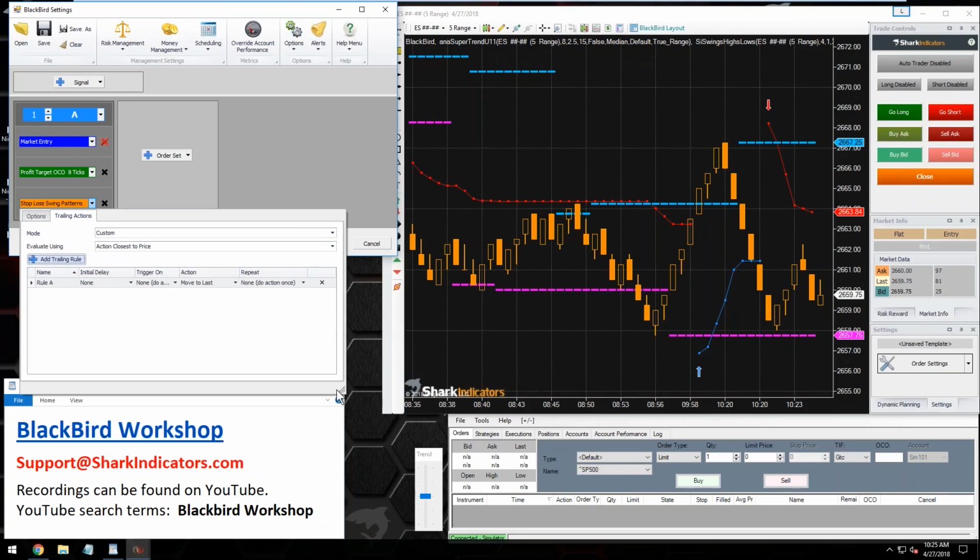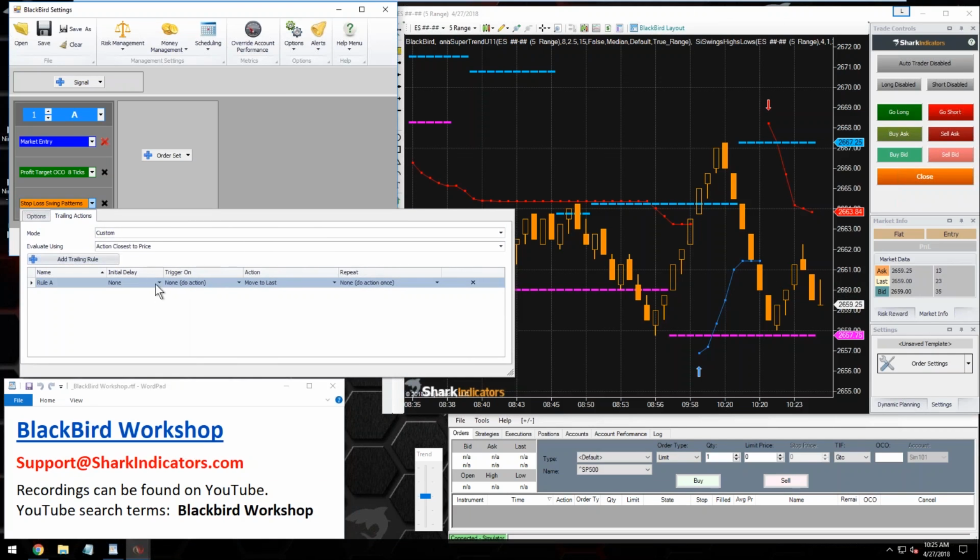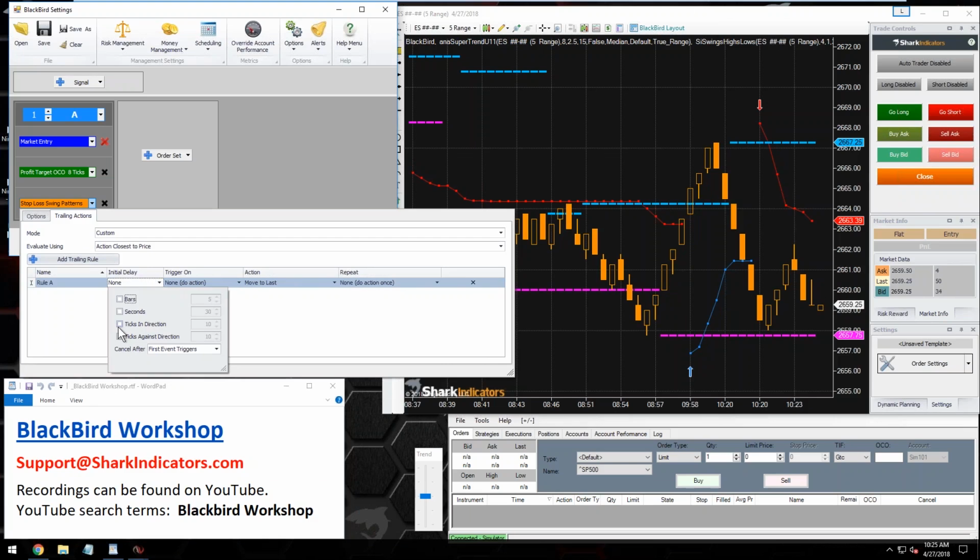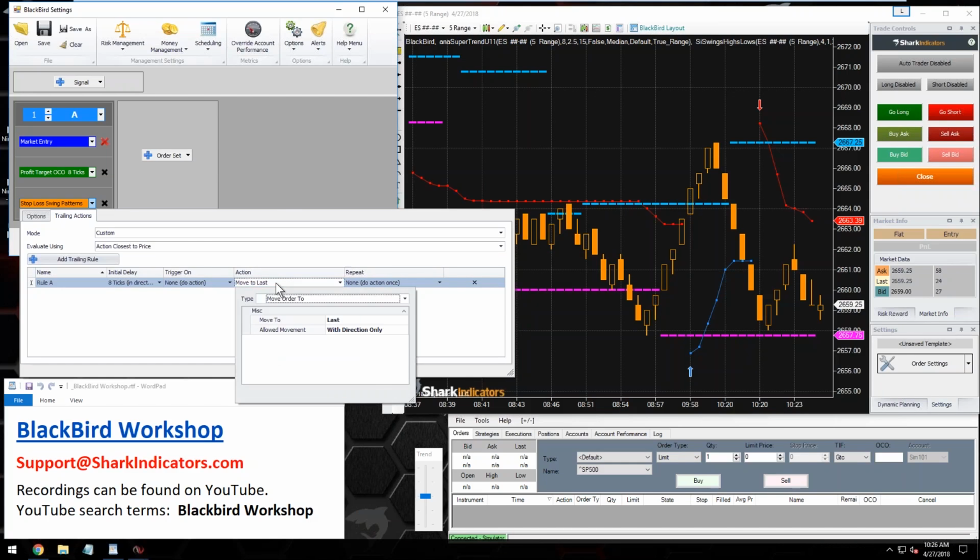Now we're going to the trailing rules. The first thing we want is a delay. So there's a 2-point delay, so 8 ticks. Once we have that delay, we can then start trailing the anaSuperTrend with an additional ATR offset.